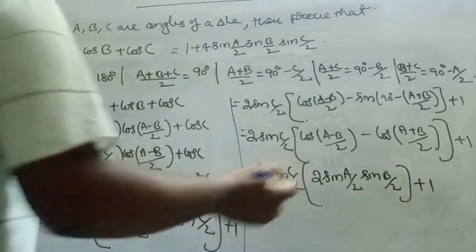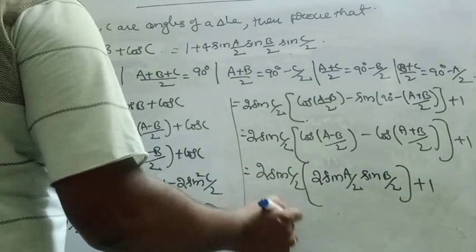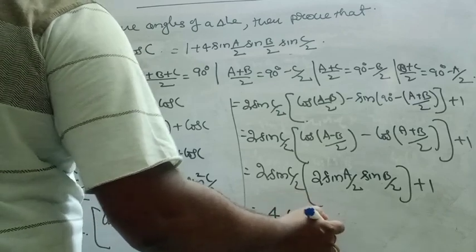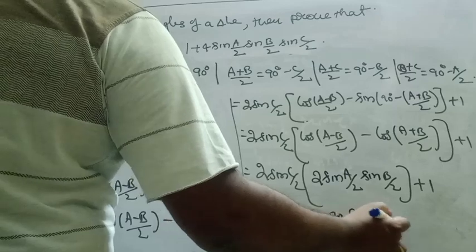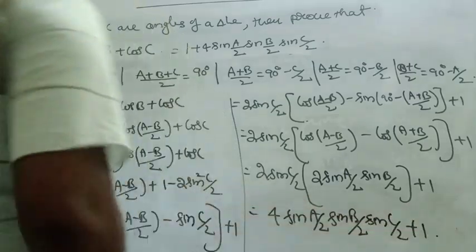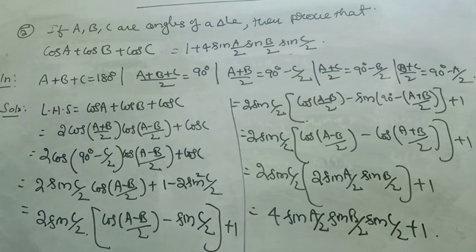Now this is 2 into 2, 4. So we have got 4 sin A by 2 sin B by 2 sin C by 2 plus 1. Such a beautiful way we have got.